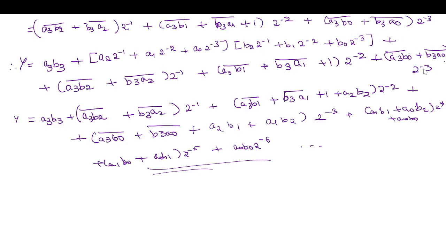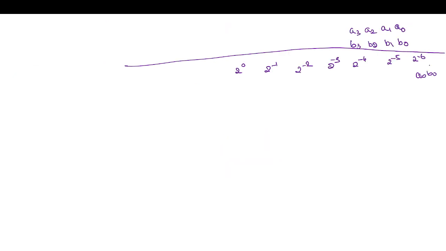So you can see only the a0 b0 term is there. So a0 b0 is this. Then a1 b0, write this information. a2 a4 a5 a6.